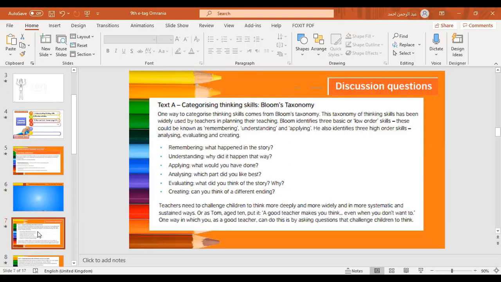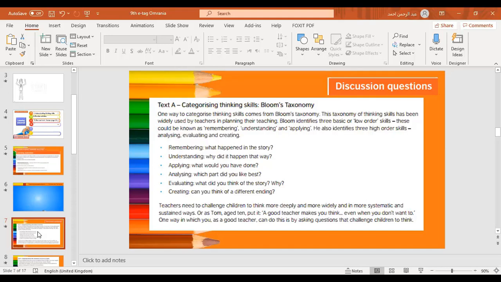The taxonomy divides the skills into two main parts, lower skills and higher skills. In each, we have three main steps we have already spoken about. Let's remember them. The lower skills were remembering, understanding, and applying, and the higher skills were analyzing, evaluating, and creating.